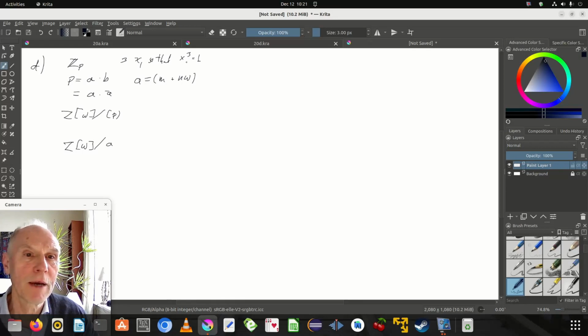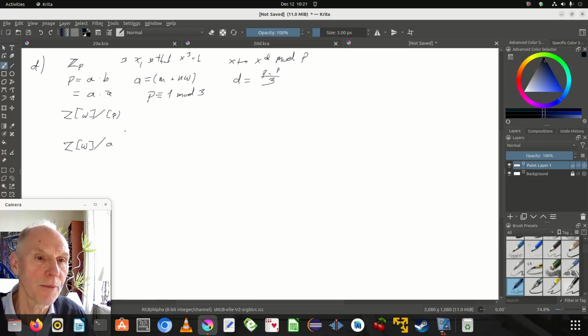Now up here we have the map x maps to x to the power p minus 1 over 3, so that means p is equivalent to 1 modulo 3, and let's call this guy A, B, C, D modulo p, where d equals p minus 1 over 3. That was the notation.